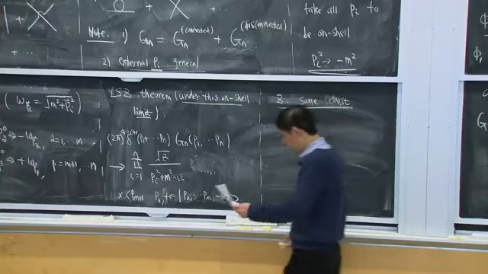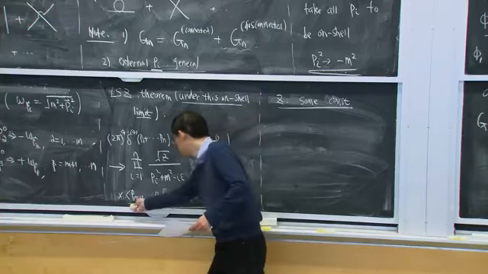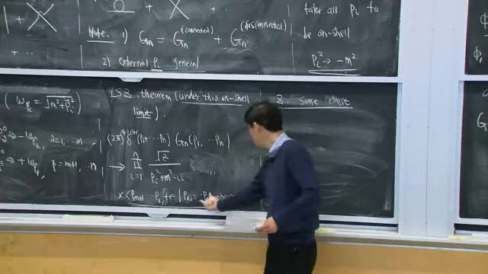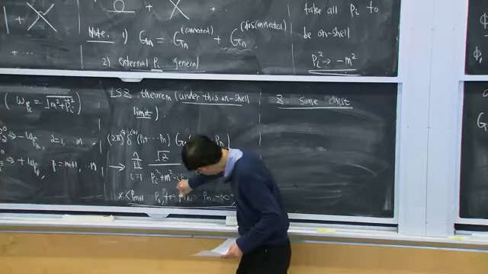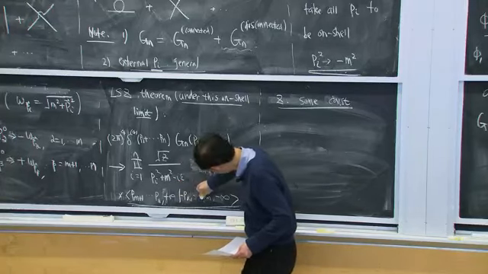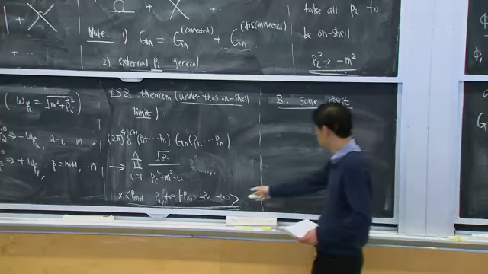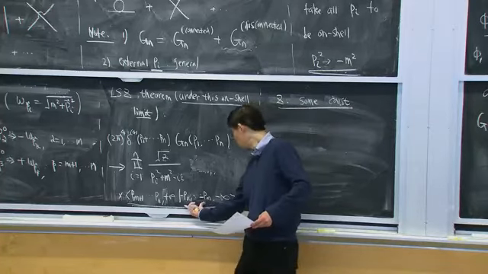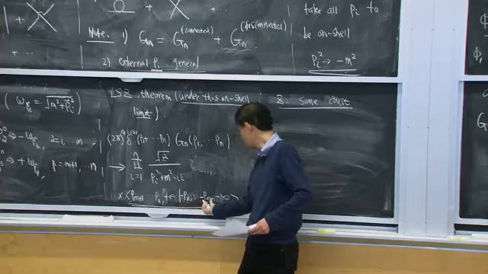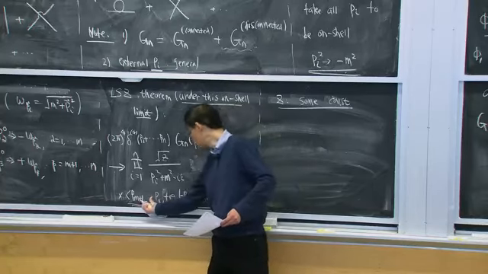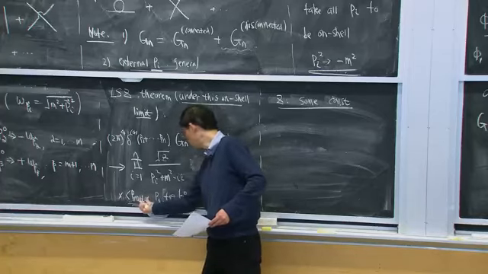And this is the scattering amplitude for m initial particles. Oh, sorry, I forgot the minus sign. It should be minus p1, minus p2 to minus pm. So this is the scattering amplitude for particles with initial momentum minus p1 to minus pm into particles with final momentum pm plus 1 to pn.